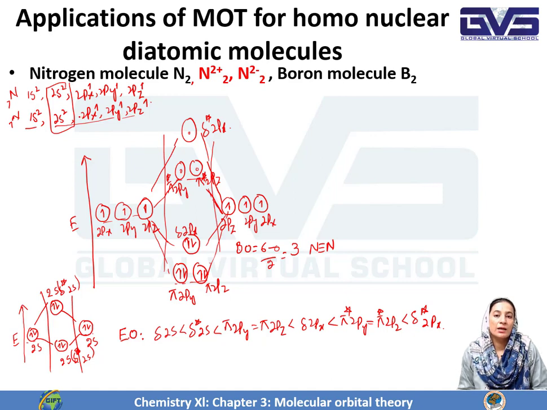Then they overlap to form the molecular orbital, and since the s orbitals got p character, they are at a little higher energy. The px got s character, and py and pz also got s character. Due to attaining s character they are at lower energy, while px is raised to a little higher energy level.